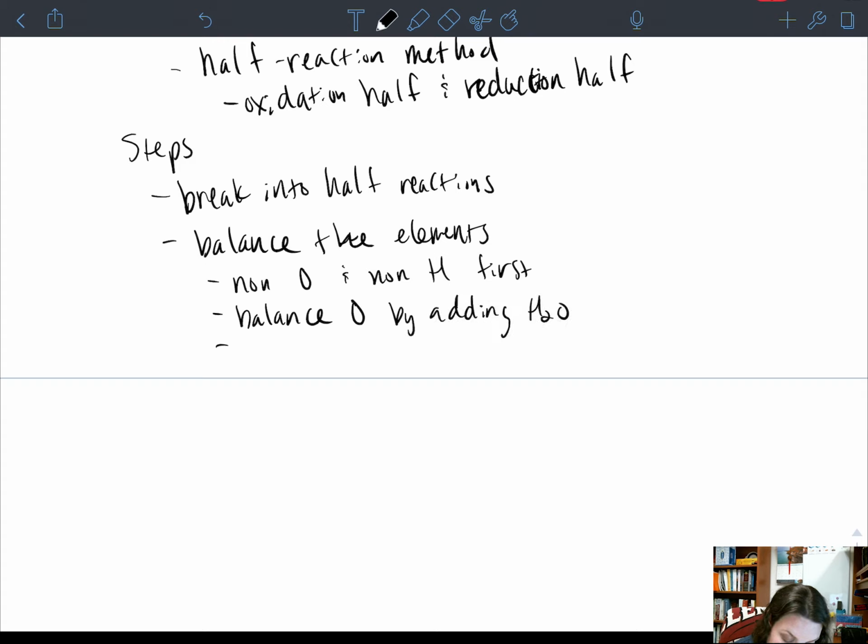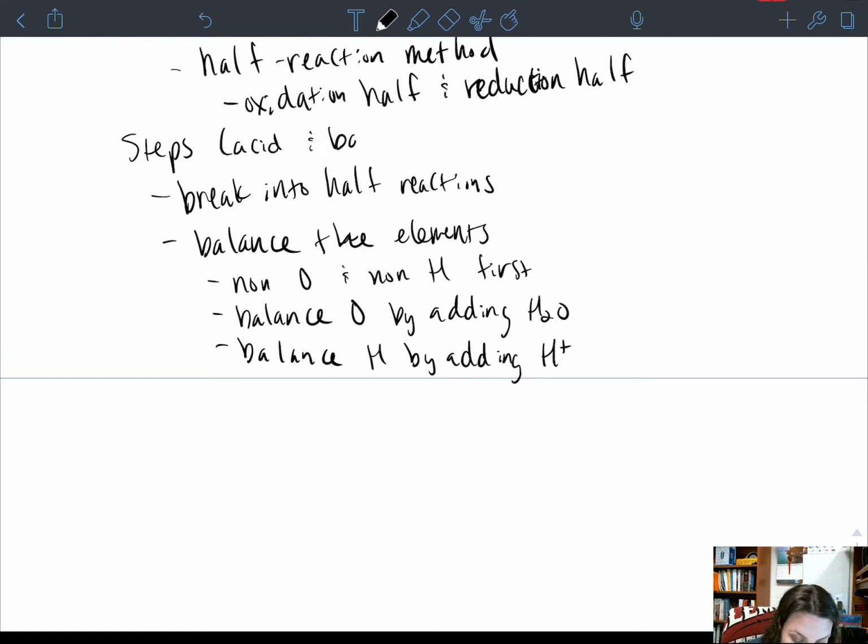And you'll balance hydrogen by adding protons. Okay, this is the steps for acid and base, right? Sorry. So after we've balanced out our elements, we need to balance out our electrons.